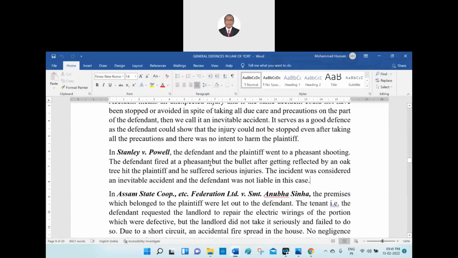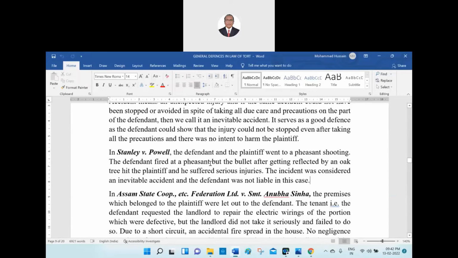It touched the oak tree branch, took a different direction, and hit another person, another member of the shooting party who was at a distance, and he got injured. But the first shooter did not want to shoot that person. He wanted to shoot the pheasant. But instead of touching the pheasant, the pellet touched the oak tree branch, glanced off, and went in another direction, where the plaintiff got hit and was injured.